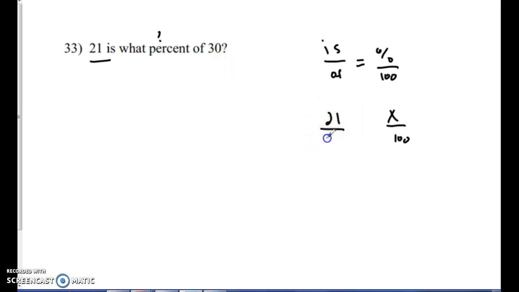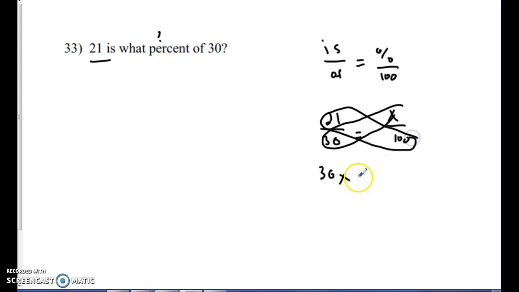Of 30 is the of. So I'm going to cross multiply. 30x equals 21 times 100 is 2100. Divide both sides by 30. And I get x to be 70%.